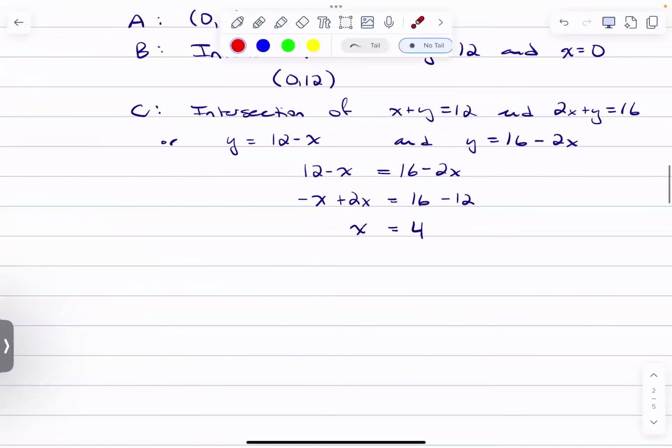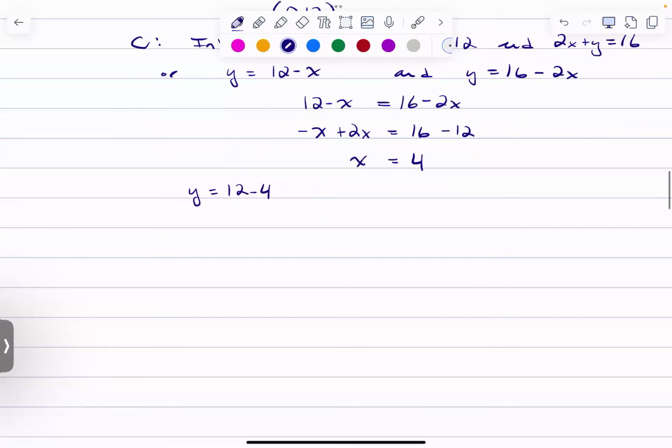When x equals 4, then y should equal the same thing, because we're forcing it to be the same. In the first one, y is equal to 12 minus 4, I get 8, versus y is equal to 16 minus 2x, 16 minus 2 times 4, 16 minus 8. I'll go with 8. So the intersection, after all that work, is at 4, 8.